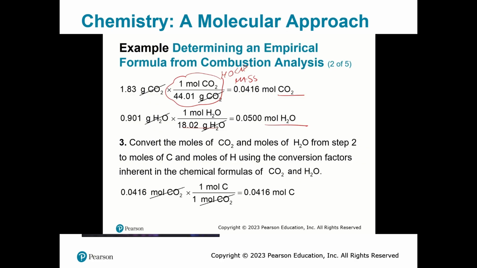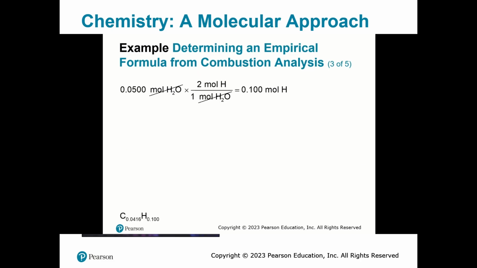In the CO2 molecule, I have 1 mole of carbon per 1 mole of CO2. So if I use the moles of CO2, I'm going to find the moles of carbon. We do the same thing with water. I have 2 moles of hydrogen per 1 mole of water. So I found the moles of hydrogen.